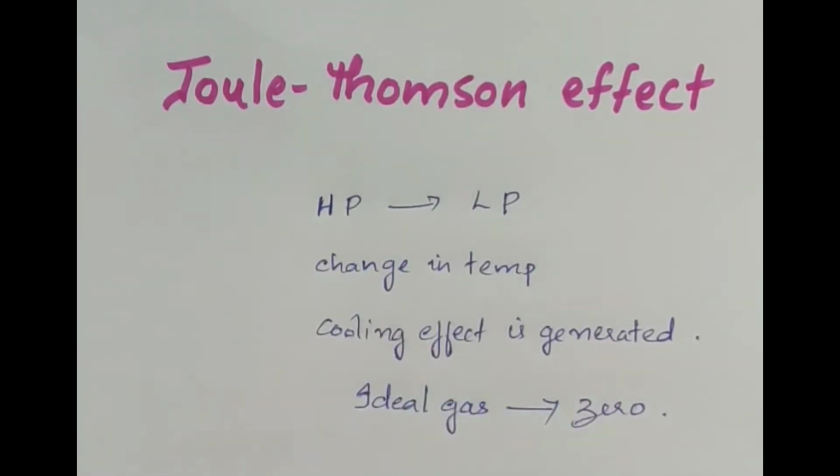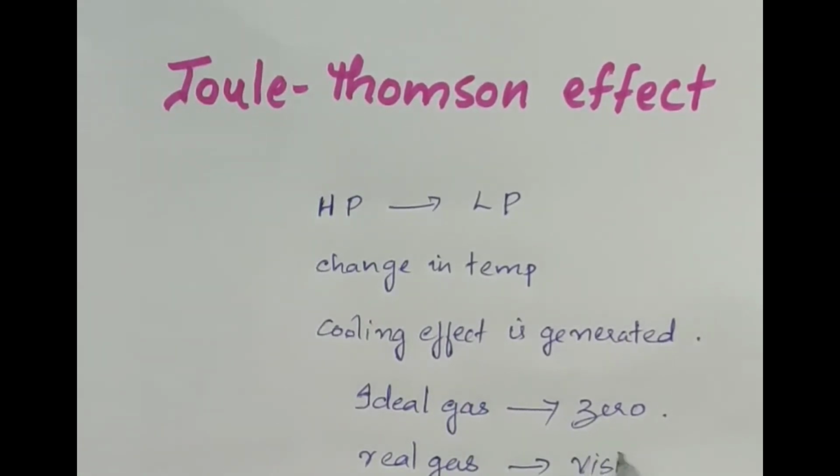But what is happening to the real gas? When a real gas is expanded adiabatically, it has a change in temperature, so the Joule-Thomson effect is visible for a real gas.